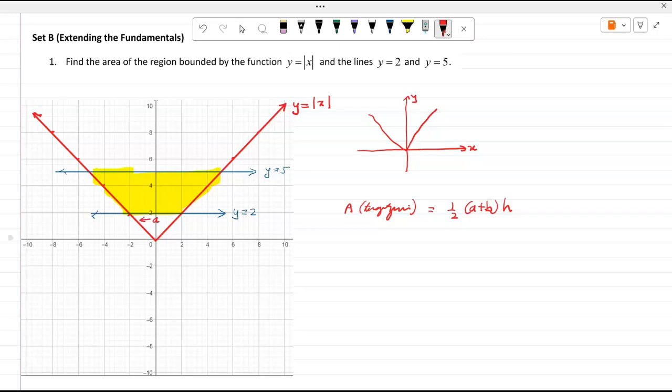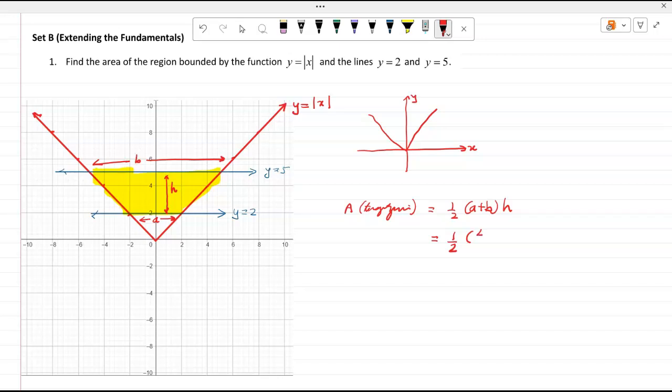Correct. So a is the length of this, b is the length of this, and height is this vertical length. You can count how many units. Therefore it's better to always do it on a graph paper. It becomes very clear. So how much is a? 4.